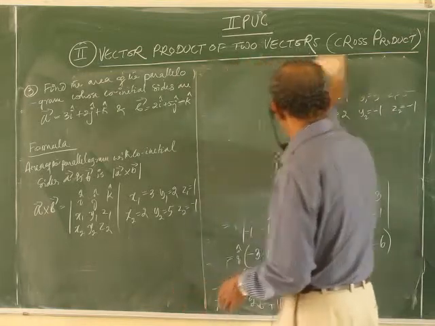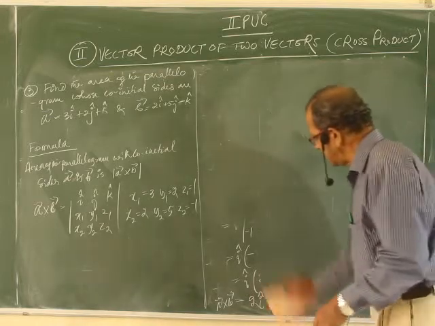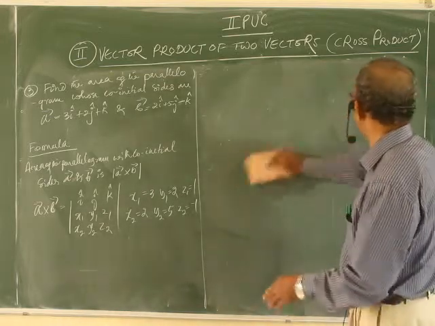Calculate the determinant, you get A cross B. Take the modulus of that. It is nothing but the area of the parallelogram.